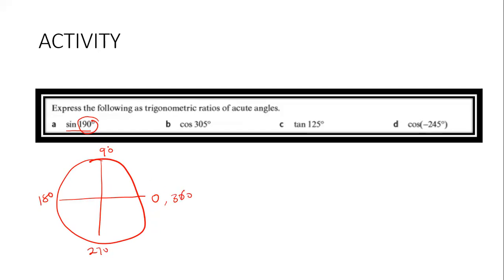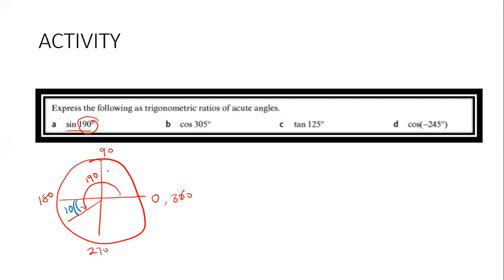Then you will know that 190 is in this third quadrant. So you draw something like this. That is where 190 is. But what are we interested in? We were interested in getting this angle close to the x-axis. And for this case, that angle is going to be 10 degrees.